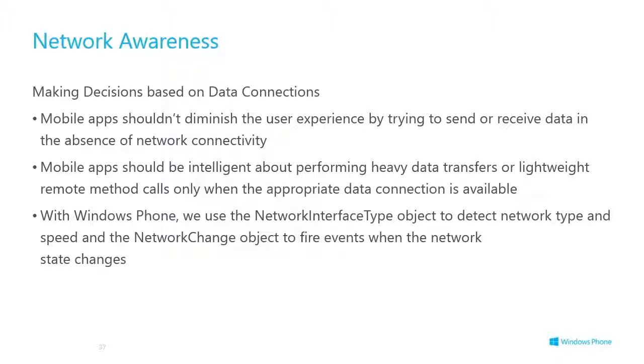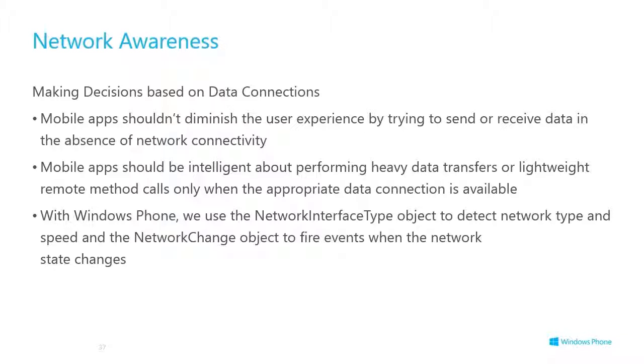The other thing you need to do with your mobile apps is be very intelligent about transferring the data. If you've got a large amount of data that you need to download, and they're on a low bandwidth network, a cellular data network, you might want to put a message up saying, connect to Wi-Fi before you download this.